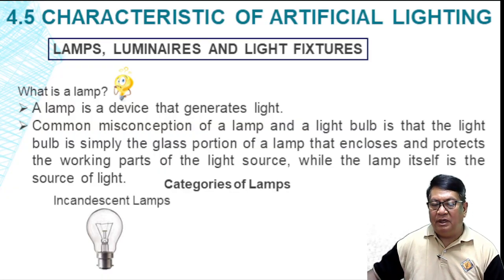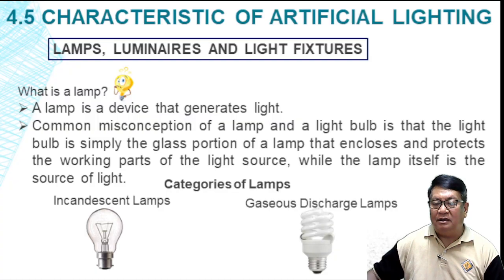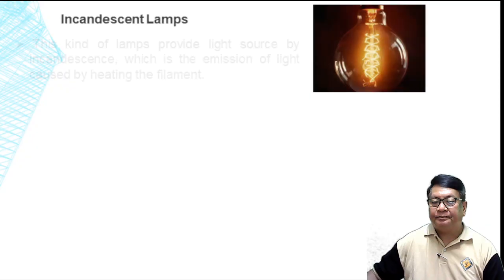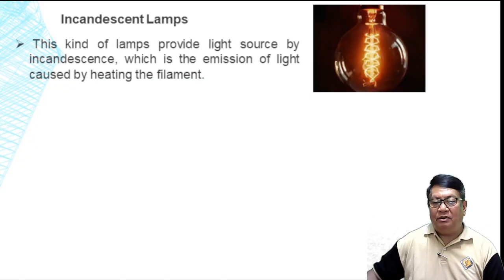So these are the categories of lamps: the incandescent and the gaseous discharge lamps. This is an example of the gaseous discharge lamps, the CFL, and this is the incandescent lamp. Let's talk about incandescent lamps.